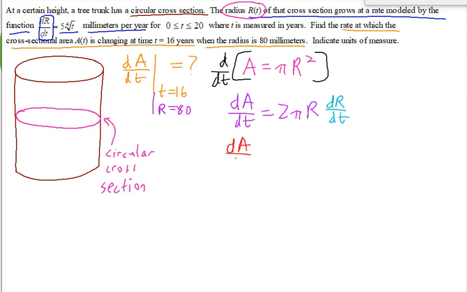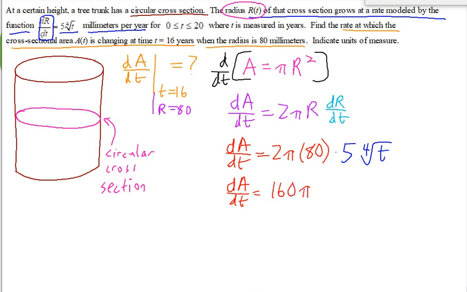So dA dt will equal 2 pi times, R is, the radius is 80. And then dR dt, we know is 5 times the 4th root of t. And then we just have to substitute in our specific time was 16. So dA dt would equal 80 times 2 pi, that's 160 pi.